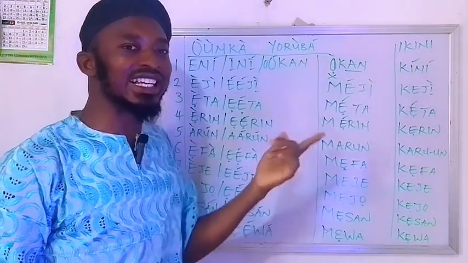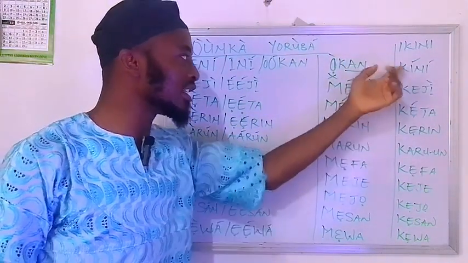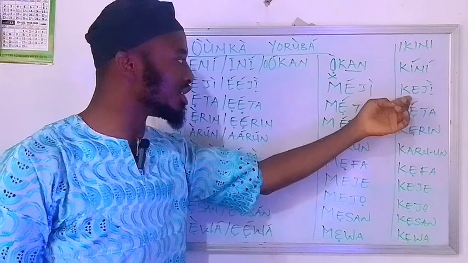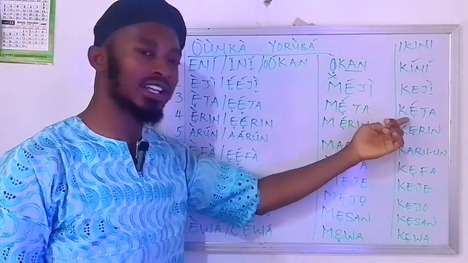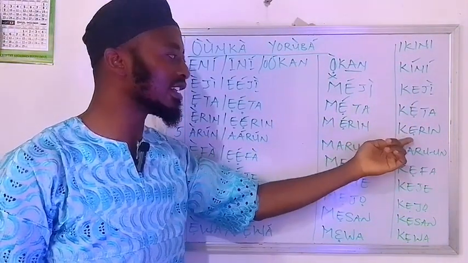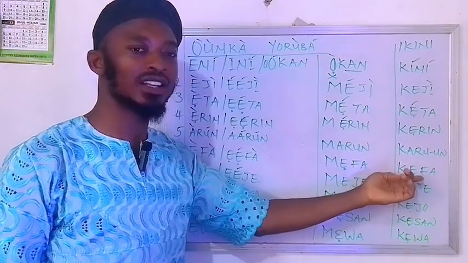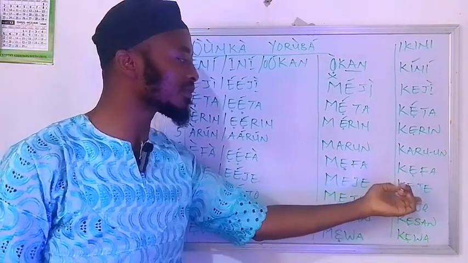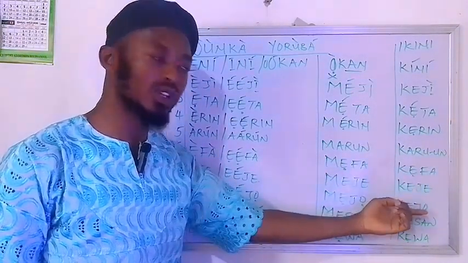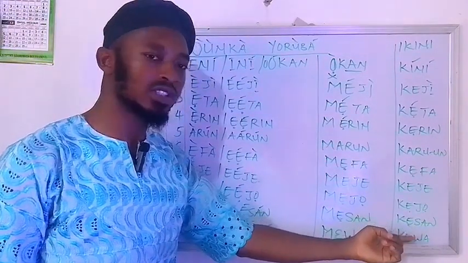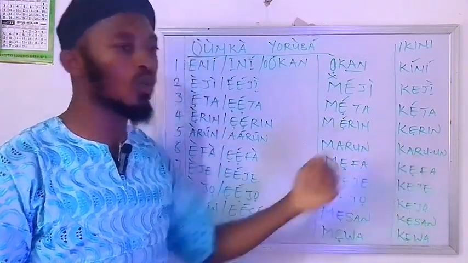You can't say ìbéèrè ìkíní, it's ìbéèrè kíní, ìbéèrè kejì, ìbéèrè kẹta, ìbéèrè kẹrin, ìbéèrè karùn-ún, ìbéèrè kẹfà, ìbéèrè keje, ìbéèrè kẹjọ, ìbéèrè kẹsàn-án, and ìbéèrè kẹwàá.